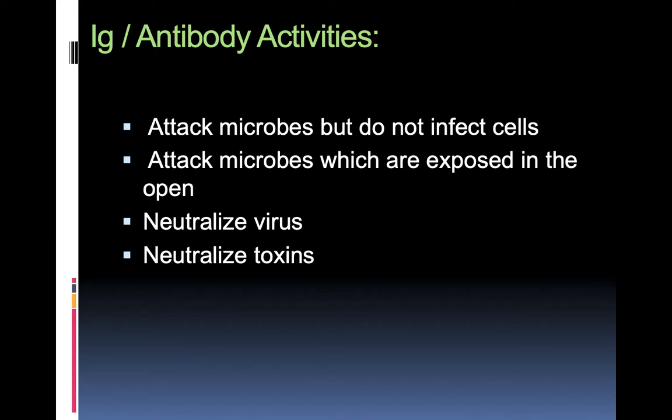They can attack microbes that are free, that are yet to infect cells, those exposed in the open, free floating, not yet attracted to a particular host cell. They may also neutralize viruses, and they may also neutralize toxins.